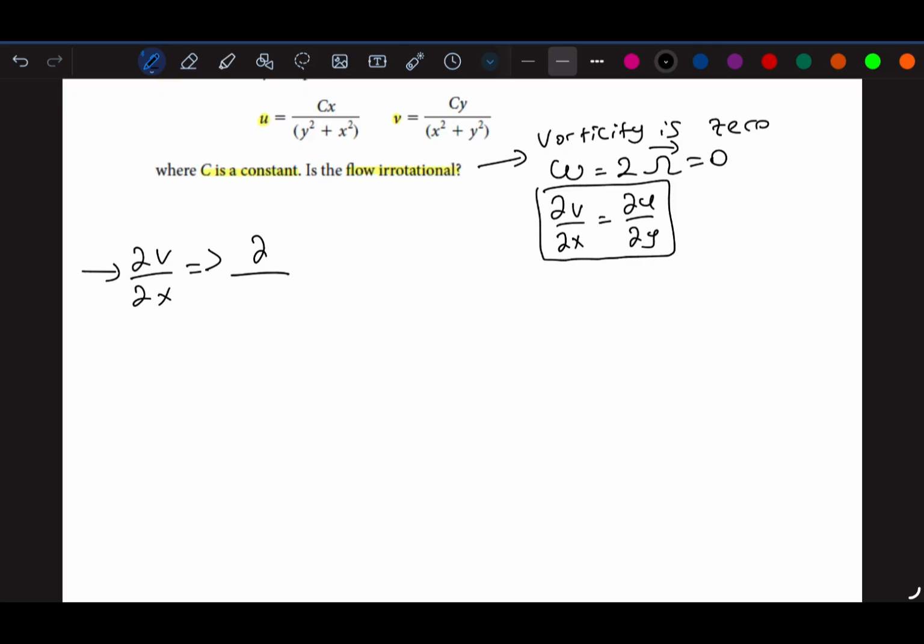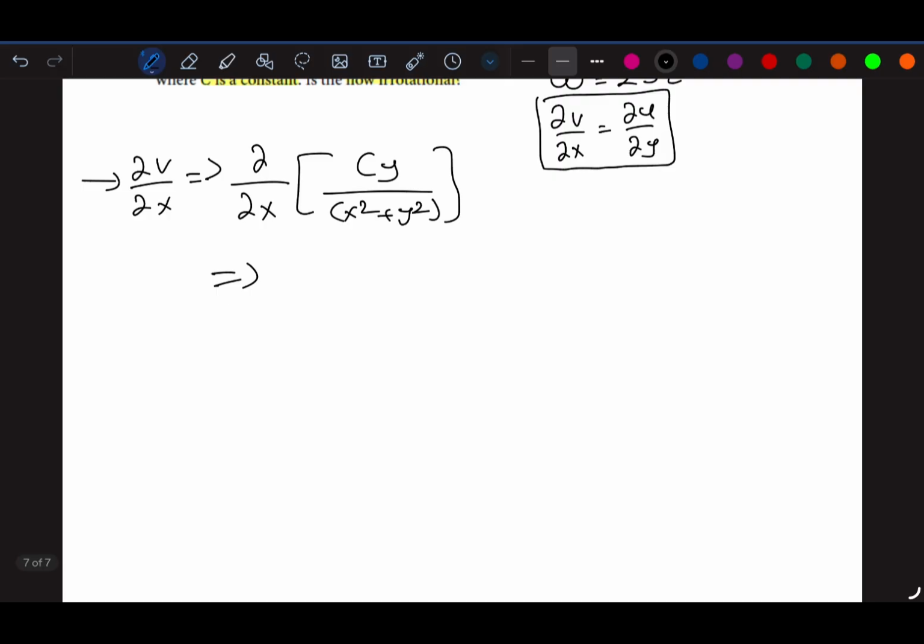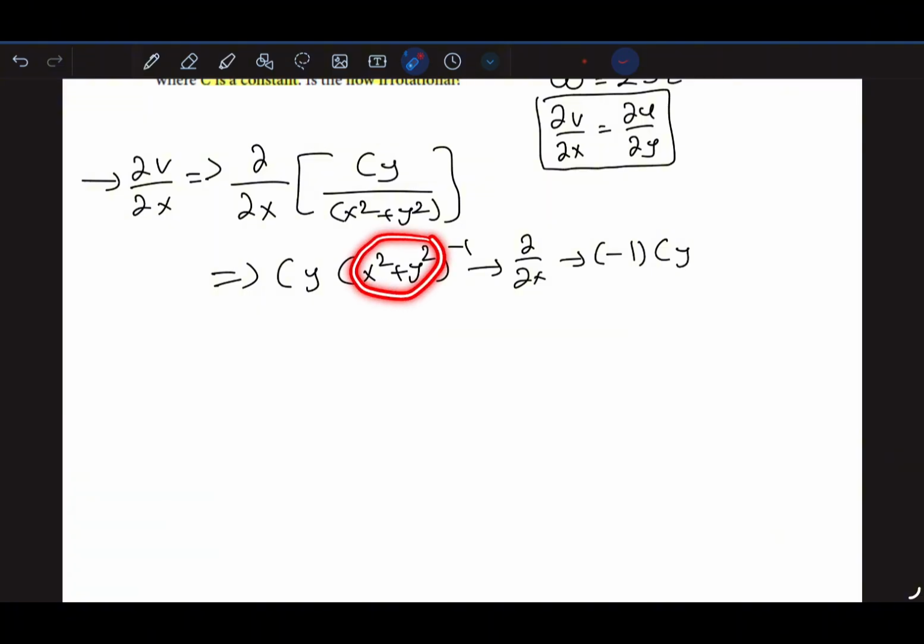So this means that we have c y over x squared plus y squared, and the derivative with respect to x is equal to, let me write this in this form, and its derivative will be equal to minus 1 times c y, also the derivative of the inside of the parentheses with respect to x, so we will have 2x, and finally x squared plus y squared to the power of minus 2.